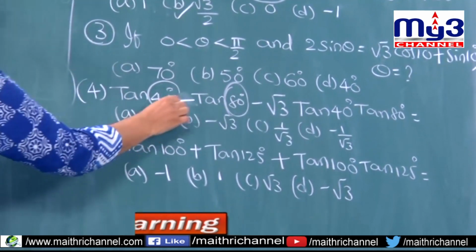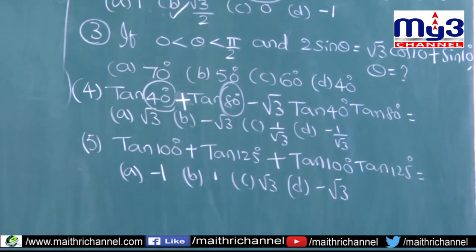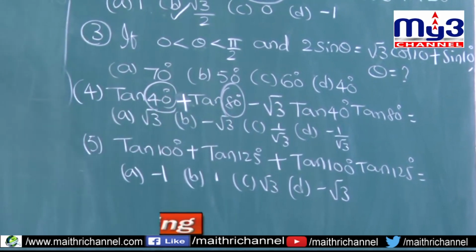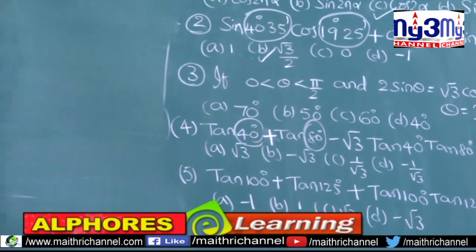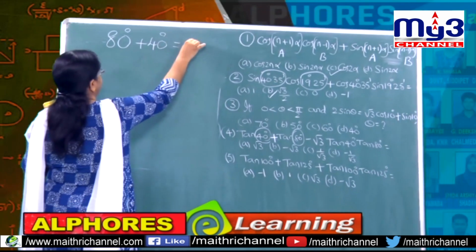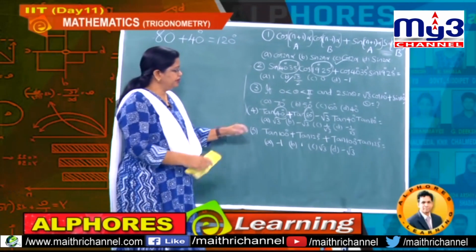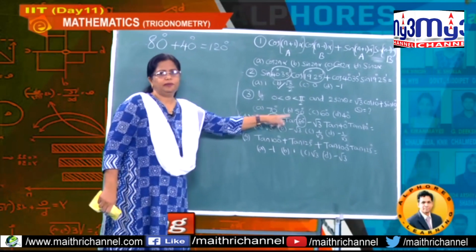And if a plus symbol is there, then take their sum, 80 plus 40, understand, students. So I am taking now 80 plus 40, you know very well it is nothing but 120 degrees, right. So this is the value. Why did we use those? These are in the problem.